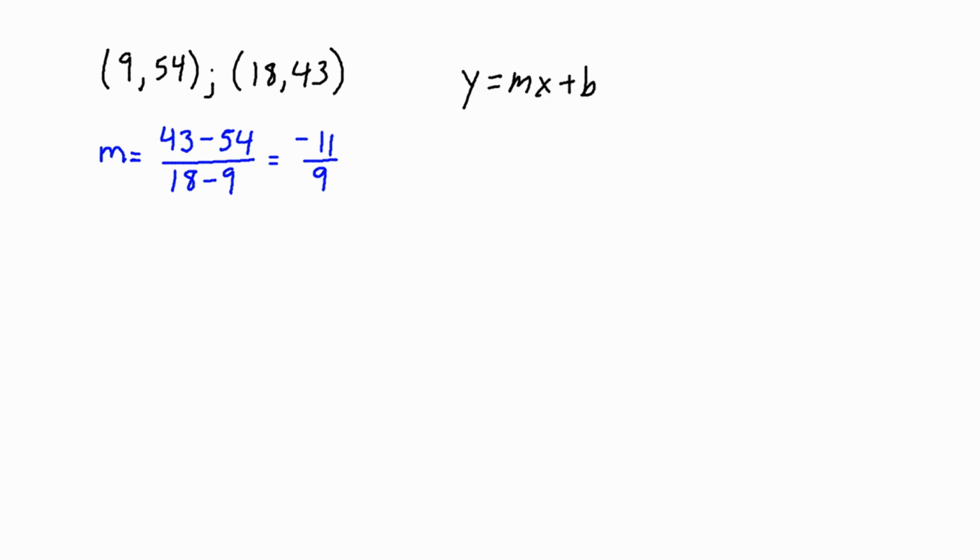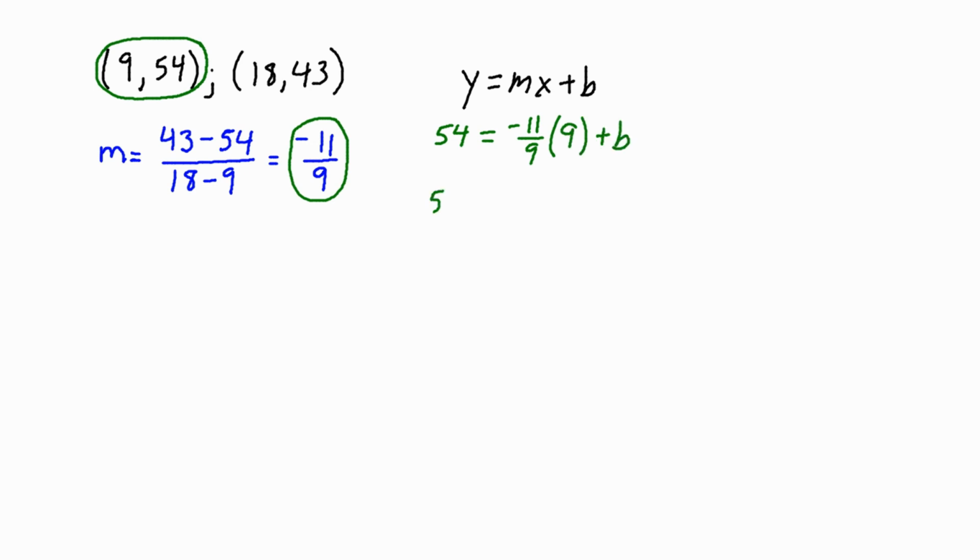Now I want to find b. I'm going to use my first point, (9, 54), and my slope to find b. Y is 54 equals my slope, negative 11 over 9, times x, which is 9, plus b. 54 equals negative 11 over 9 times 9, which is negative 11, plus b.